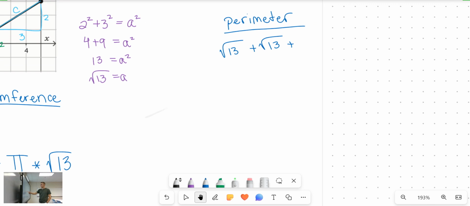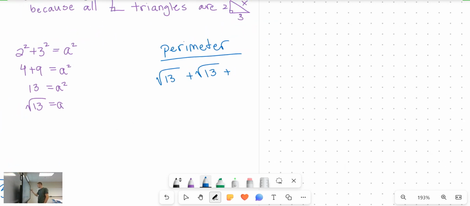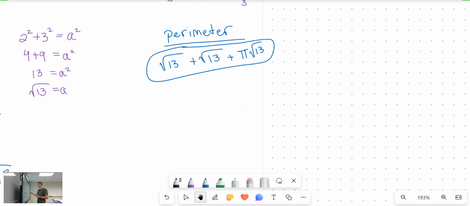So we're going to add that: pi root 13. So this is the perimeter of the entire shape. Root 13 is the radius, and the other radius is the straight line. And then finally, pi times the radius is that half of the circumference that we just described.